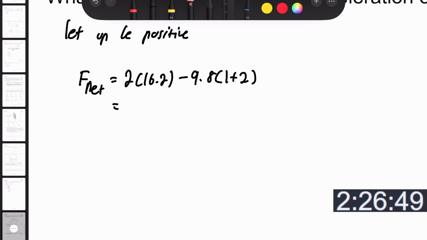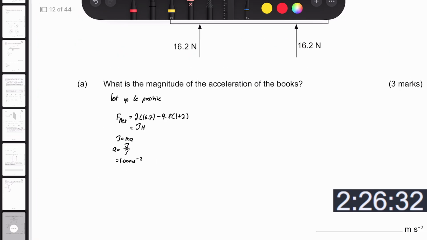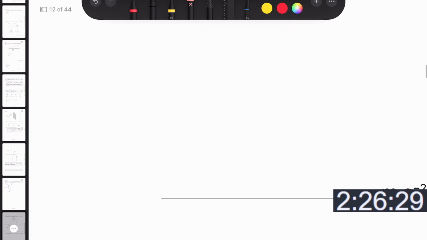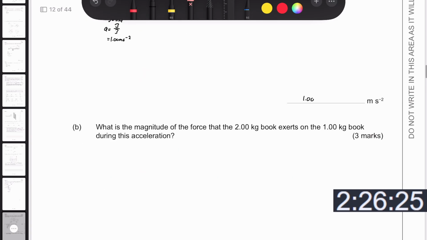So I have F net is 3 newtons. So then 3 is going to be equal to my mass times acceleration. So acceleration is just going to be 3 over 3. So it's just 1.00 meters per second per second, because the total mass is 3 kilograms.